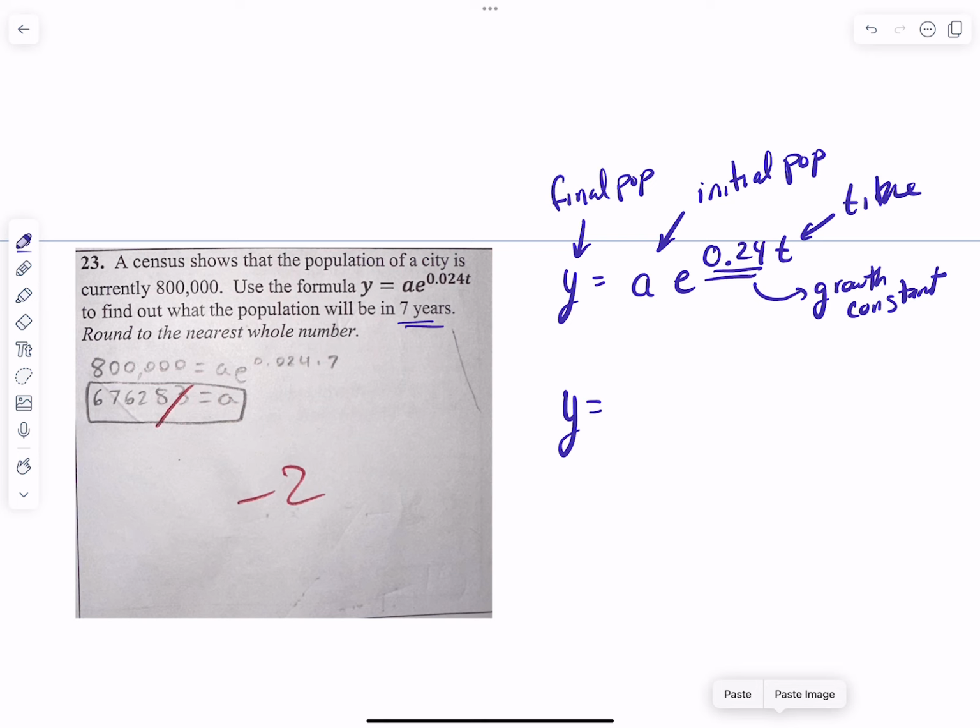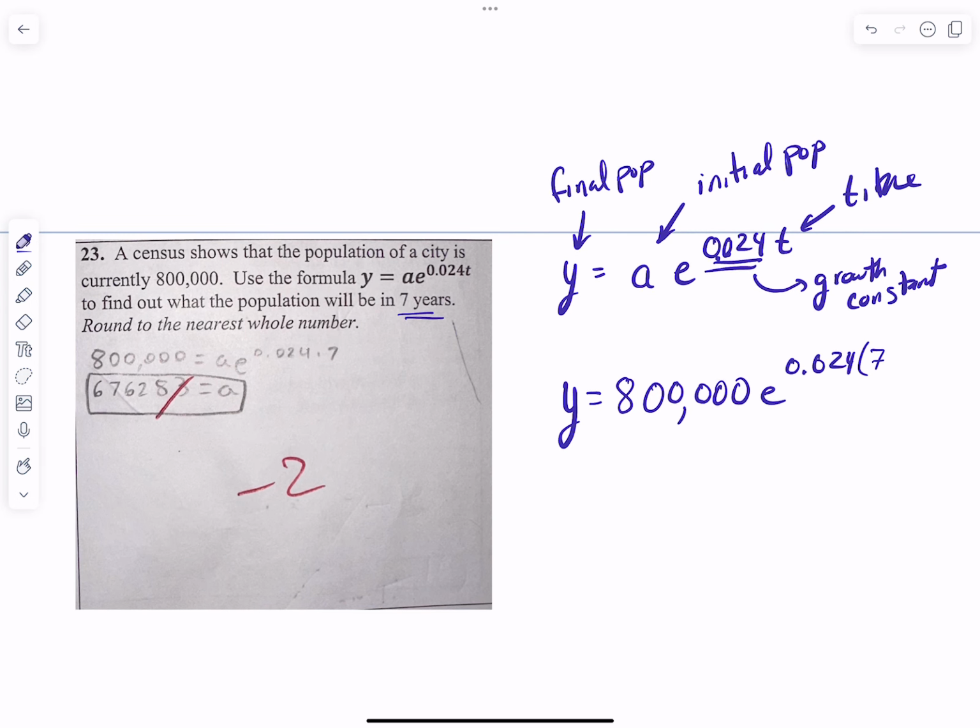The starting population is 800,000, e to the 0.024 times 7.